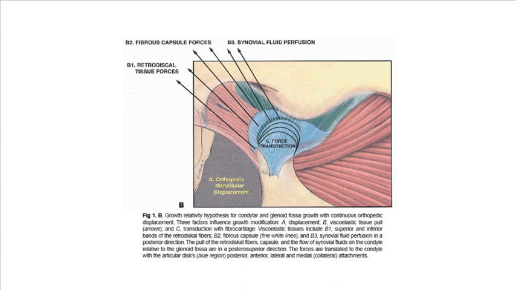To understand what goes on, the basic principle of how myofunctional appliances work is based on their viscoelastic property, where there is some amount of stretch seen around the condyle, the musculature, the ligaments and the tendons.